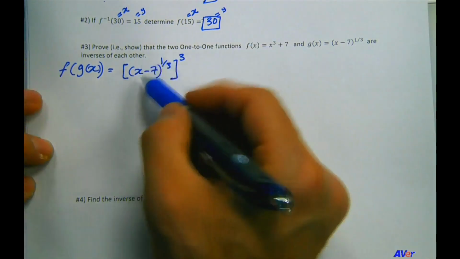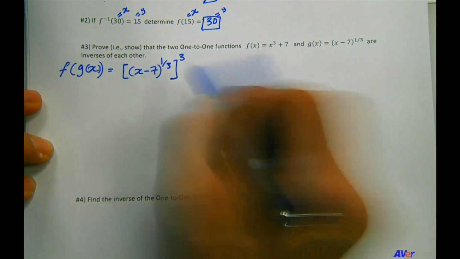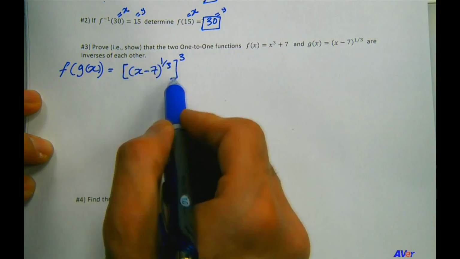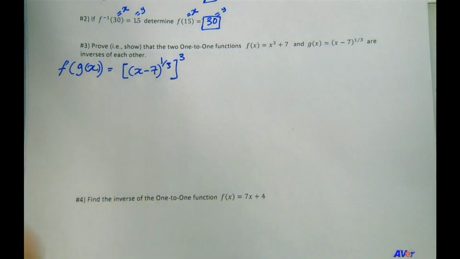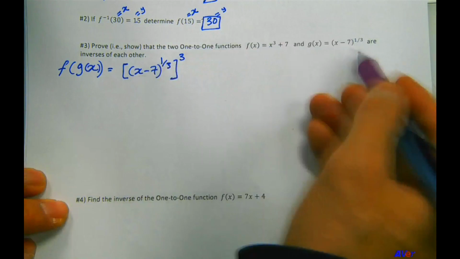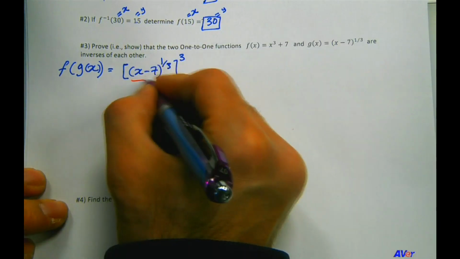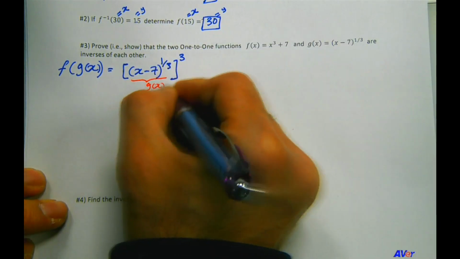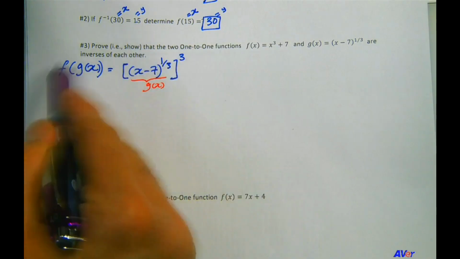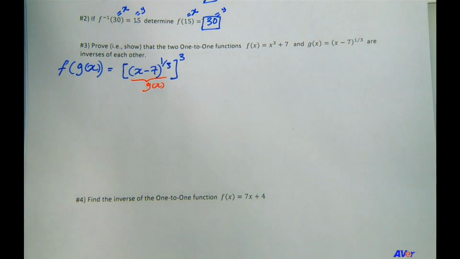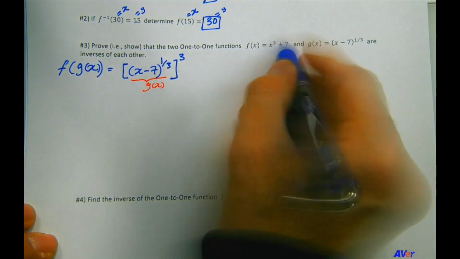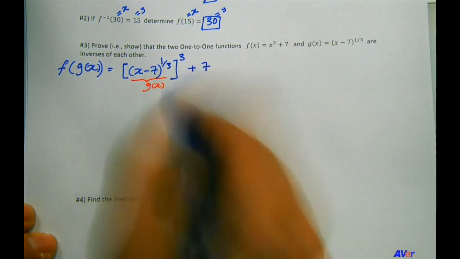Compare this with that. x is gone. Instead, you have g of x cubed. All of this is g of x. We're placing g of x inside f, and then plus, of course, the 7.